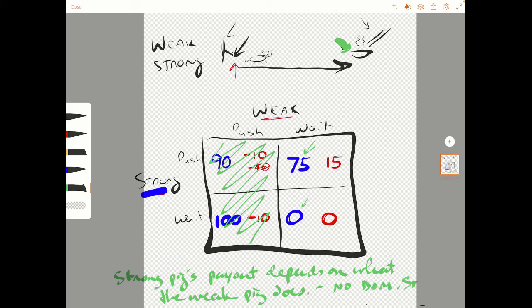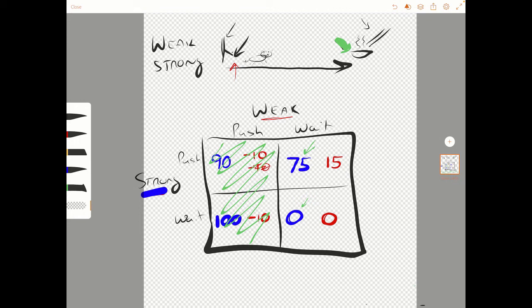So there is no dominant strategy. In this game, we've got no dominant strategy for the strong pig. But what about the weak pig? If we look at what the weak pig does, what's in the weak pig's best interest? Well, if the strong pig pushes, then it is in the weak pig's interest to wait. 15 is bigger than -10.